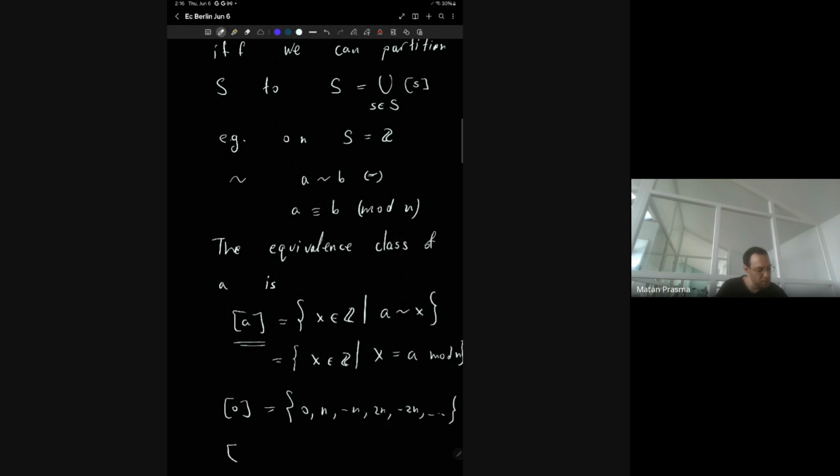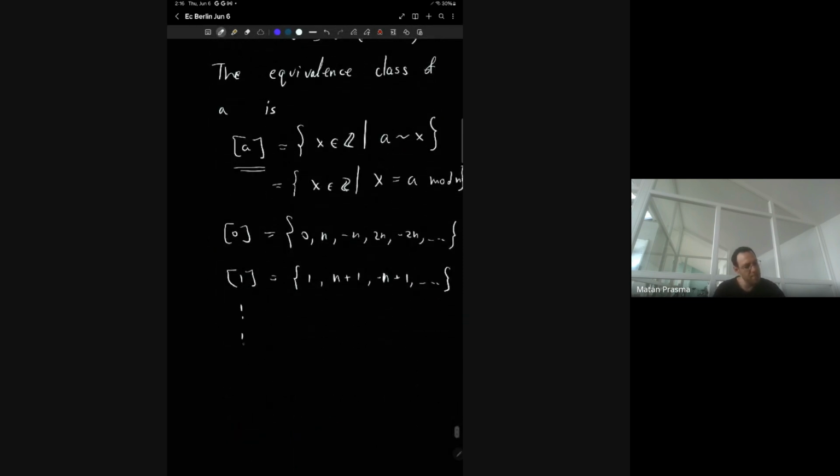You have the equivalence class of 1: 1, n plus 1, minus n plus 1, and so on, up to the equivalence class of n minus 1, because the equivalence class of n is equal to the equivalence class of 0.